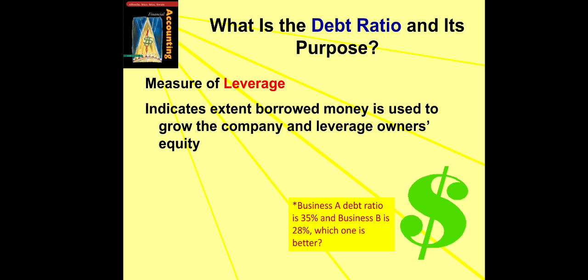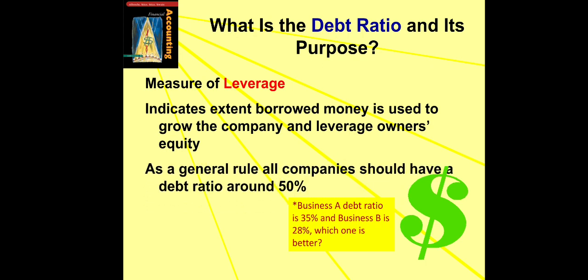Okay, this is the first one. The first ratio that you have to know is called debt ratio. See the first point in this slide: debt ratio is a measure of leverage. Leverage is related to debts or borrowings.